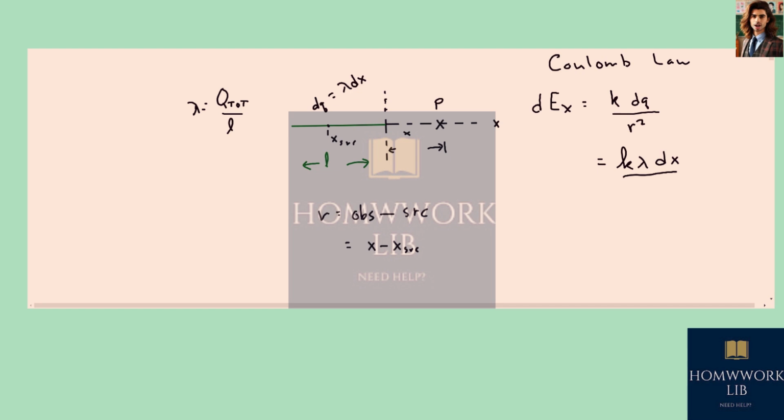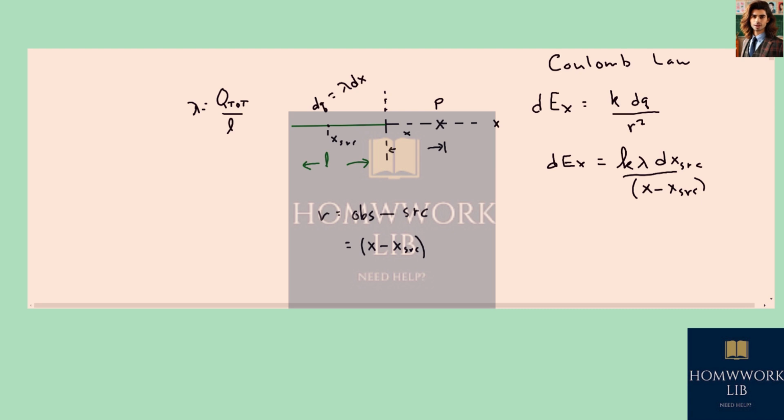And the dx, okay, so it's important to realize the observation point is fixed, and we're not letting that move around in the integral. It's the source point that's moving around. And so we have a fairly simple relationship for a tiny differential part of the Ex field, the x component of the field.